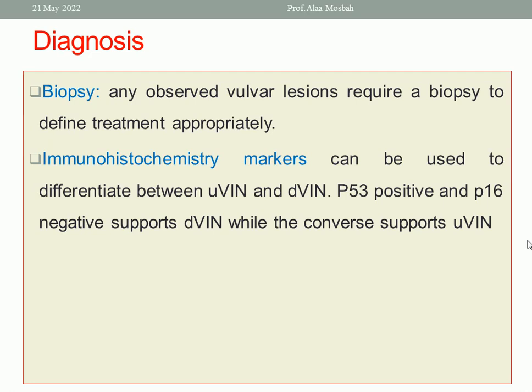What is important also is the immunohistochemistry marker, which can be used to differentiate between usual VIN and differentiated VIN. P53 positive and P16 negative support the differentiated VIN, while the converse supports the usual VIN.